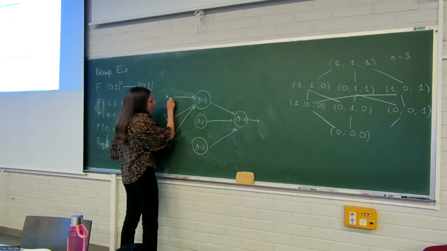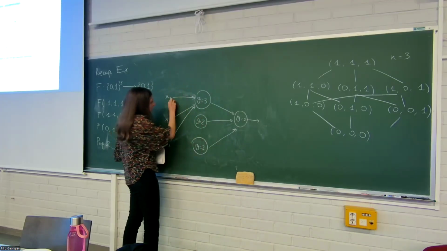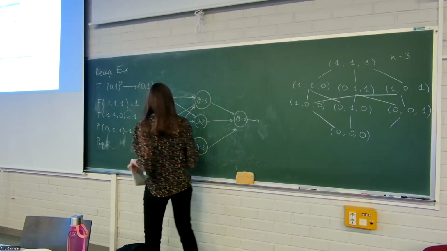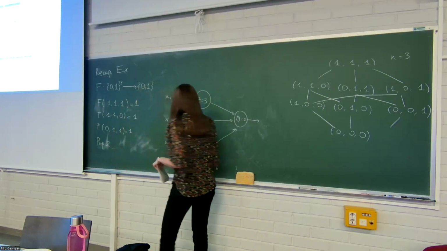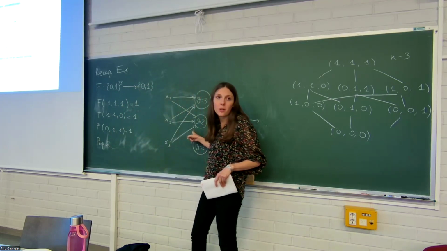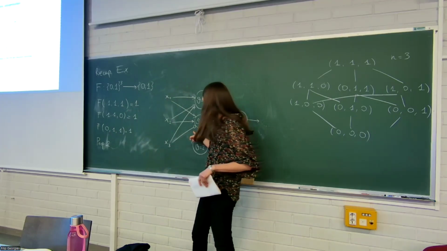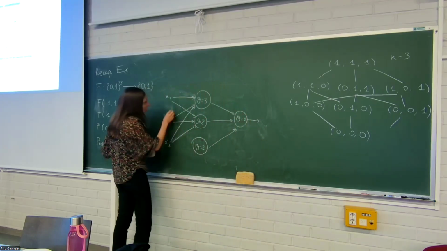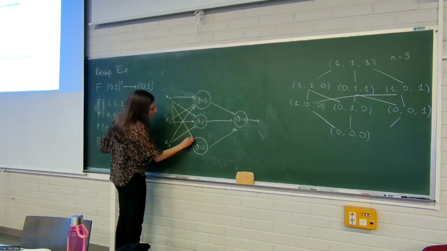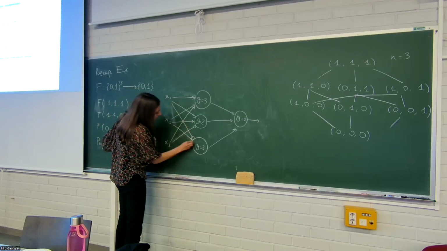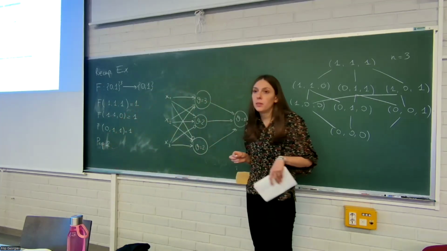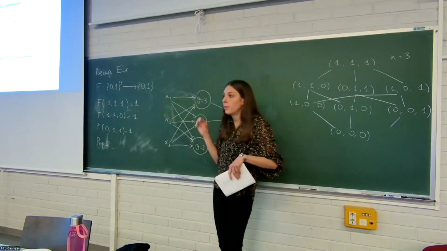Then I put normal arrows for the first 2 and the weird arrow for the third one. Today's class is not about weird arrows. We're going to drop that very fast, thank God. And here we put a weird arrow, normal arrow, normal arrow. And this is the network that does this function.